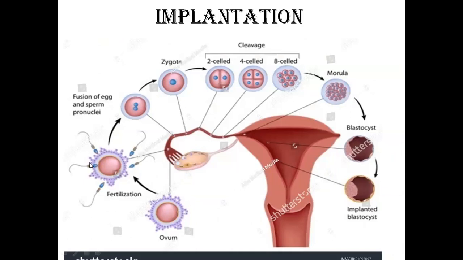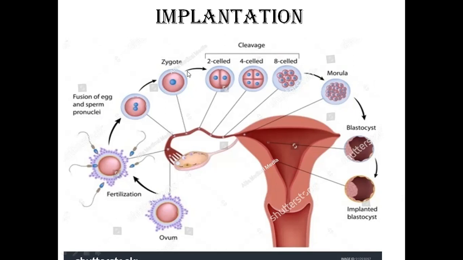Now it is being penetrated by one of the sperm, and the sperm pronucleus is being injected. So two pronuclei now fuse. Each is haploid in nature. So now the diploid zygote is formed.